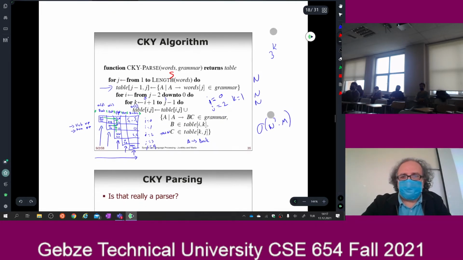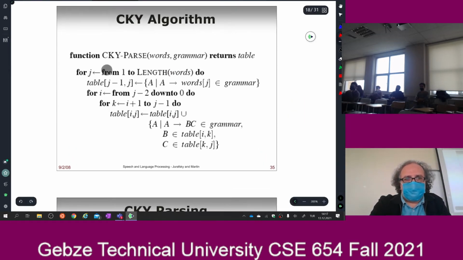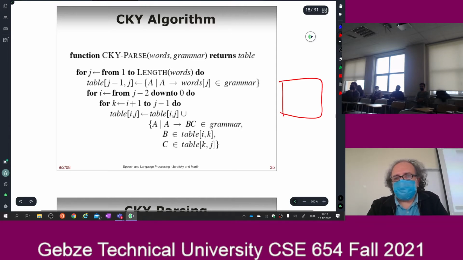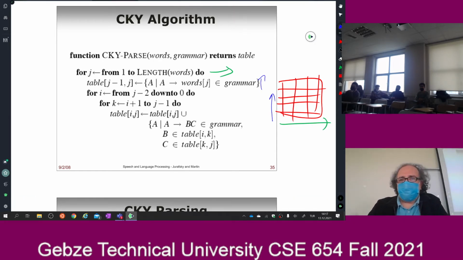Looking at the algorithm, let me get rid of all of this stuff. So 3 loops, 1 2 3. Remember this is our table. The first loop goes this way, the second loop does this, and the third loop scans for the k for each of them.